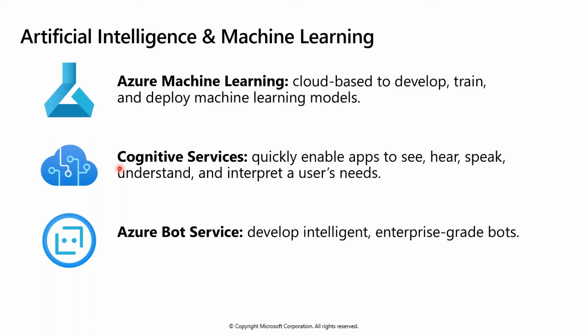So if I give you an example, if you want to do image classification, or maybe there is a scenario where you want to do face detection and other things, you can directly spin up a cognitive service account, cognitive service face detection service, and all you will have to do is understand the SDK bit, and then the moment you send in an image of a face, it will be able to detect the face, your emotion, and all of those things.